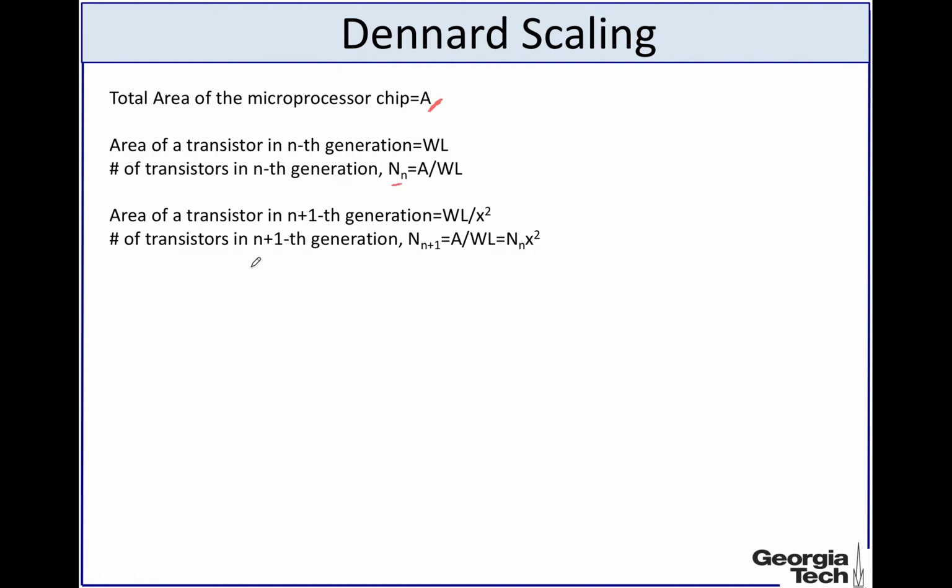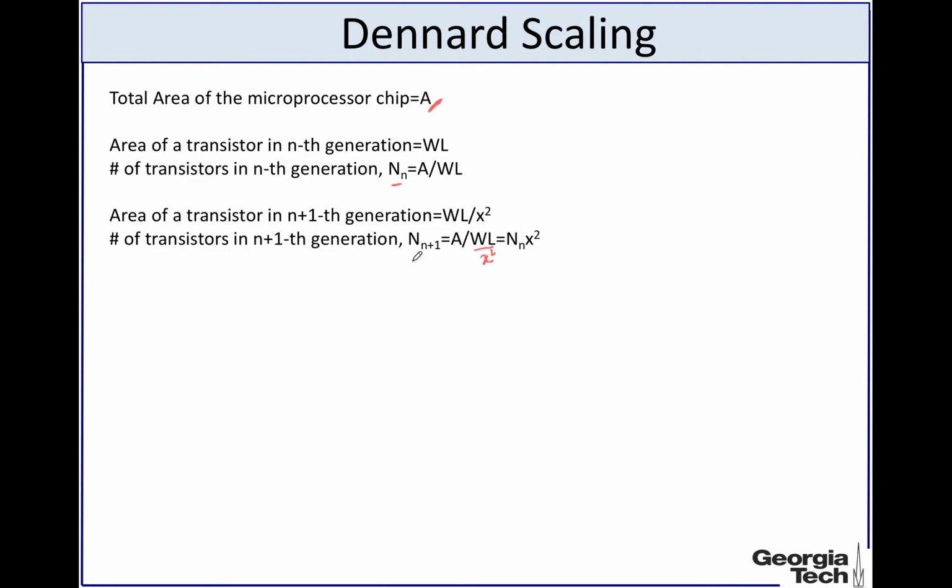Now in the n plus 1 generation, the area of one transistor is simply W over X multiplied with L over X. So this gives us WL over X squared, and as a result, the number of transistors in the n plus 1 generation equals A over WL over X squared, which gives Nn X squared.